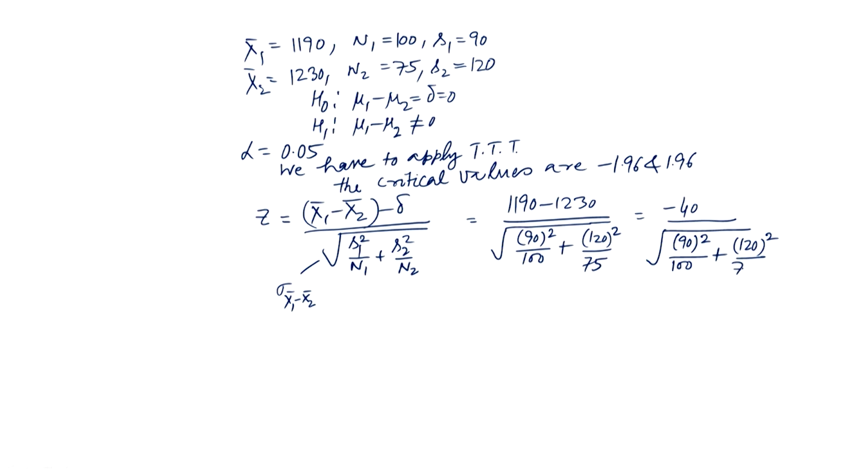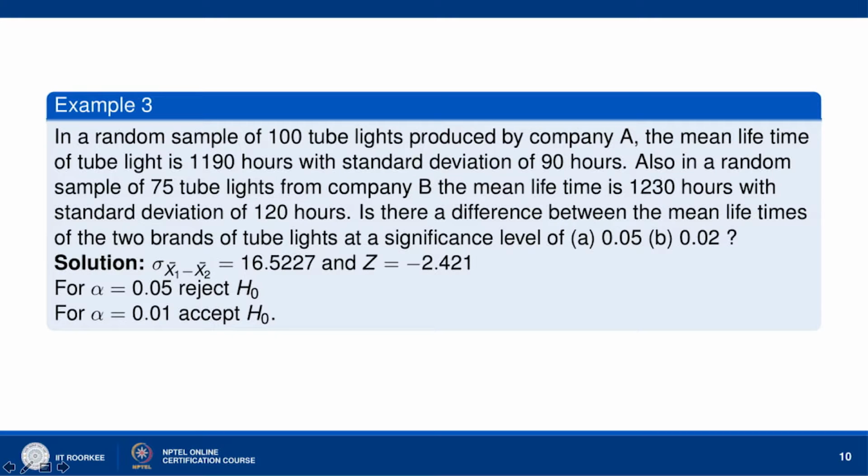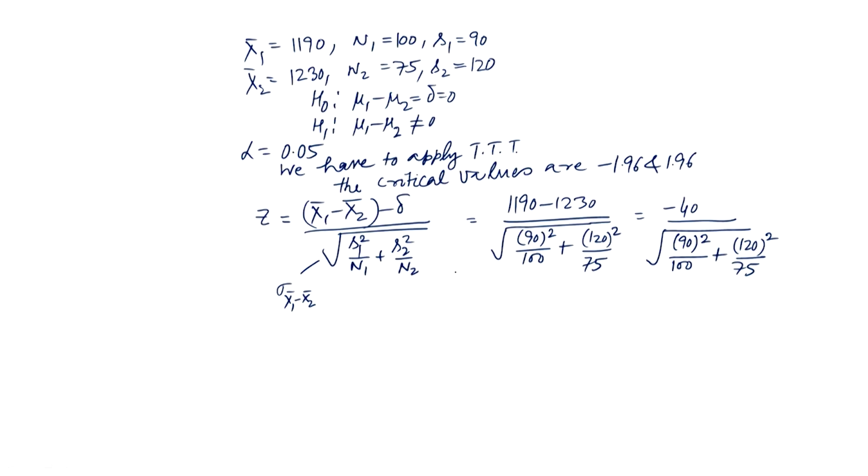Now, let us see sigma x1 bar minus x2 bar, which is the denominator in the value of z. It is 16.5227 and z comes out to be minus 2.421. So, this sigma x1 bar minus x2 bar is under root 90 square divided by 100 plus 120 square divided by 75.